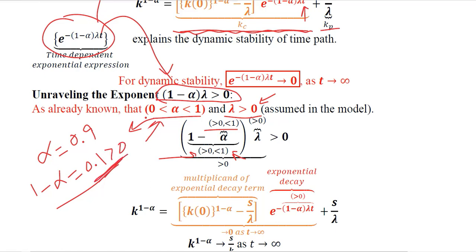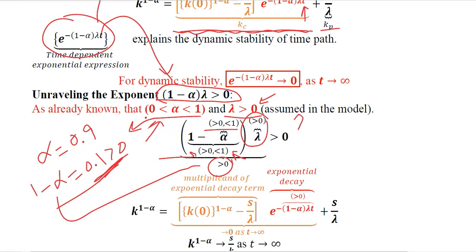For example, as the range guides us, alpha is less than 1. So if it is equal to 0.9, 1 minus alpha will be equal to 0.1. So it means that it is a positive value, and it is less than 1. So 1 minus alpha is positive and less than 1, and the lambda value is also positive, so positive into positive will be a positive value.